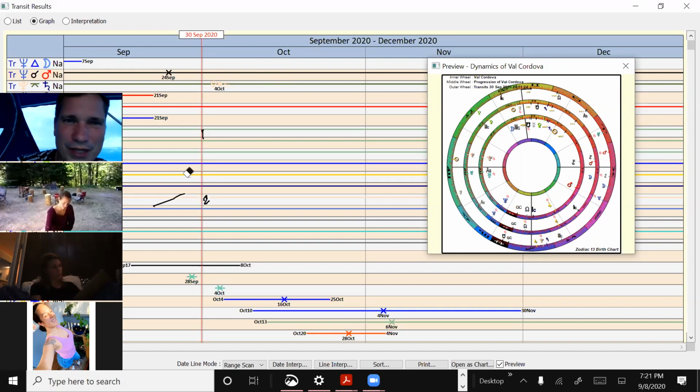So then I'll go through it. We're talking about Neptune, and Neptune is the number 12, right? 12 is also Pisces. It rules Pisces, right? You caught that? Okay.